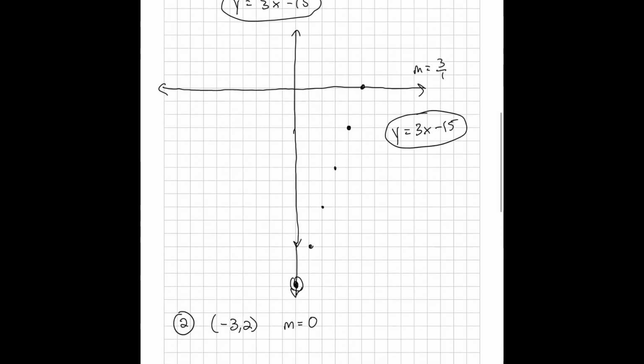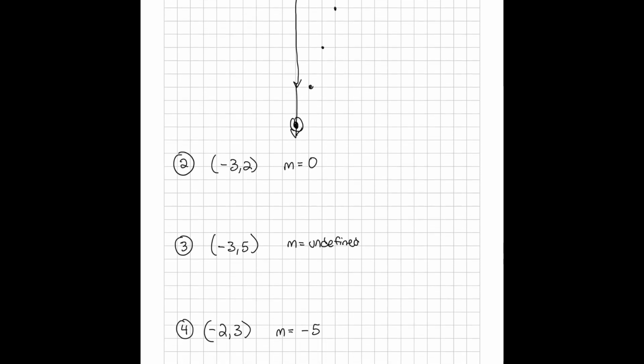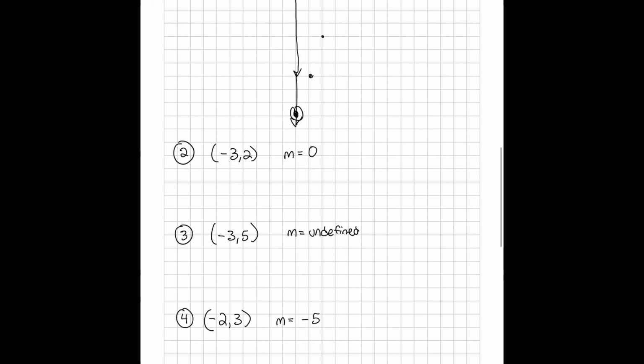Okay, so now let's look at 3 more examples. If you have a coordinate and the slope is 0, well, what does it look like when you have a slope of 0? That's a horizontal line going through the y-axis, and so there's no work to do if the slope is 0. I know it's y equals a number, y equals 2.